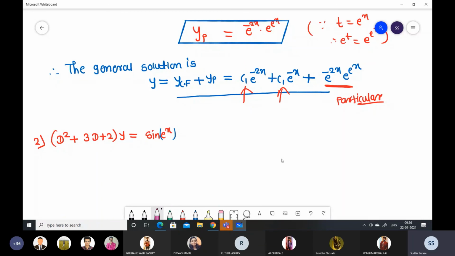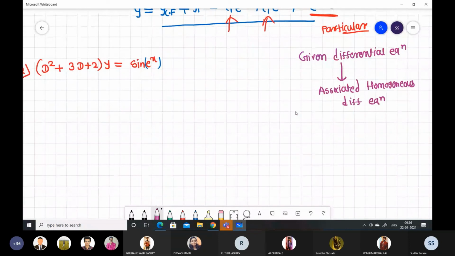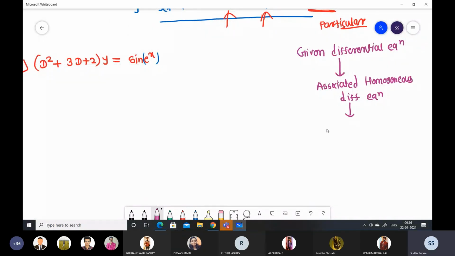What is the algorithm of finding the general solution? Given the differential equation, then the associated homogeneous differential equation you have to consider. After that, the auxiliary equation.